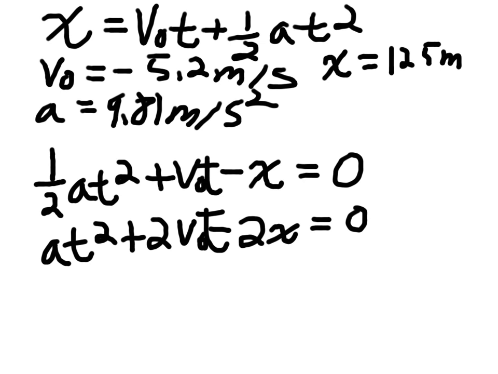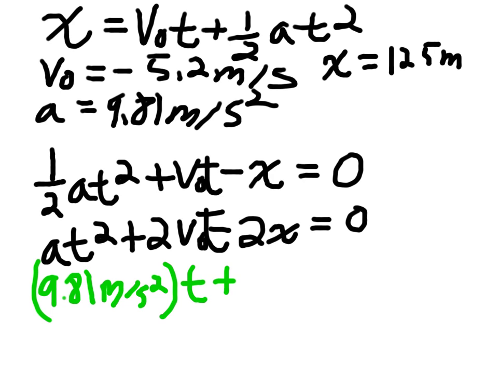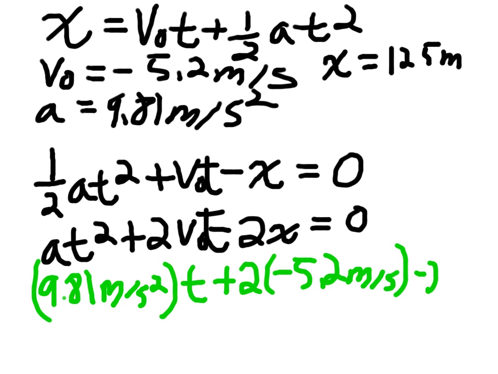I'm going to write this in a different color because I want to emphasize what's happening, and I think you'll see it. 9.81 meters per second squared times t plus 2 times negative 5.2 meters per second minus 2 times 125 meters all equals 0. Let me go to the next slide and rewrite that, and then hopefully we'll all see what's happening.